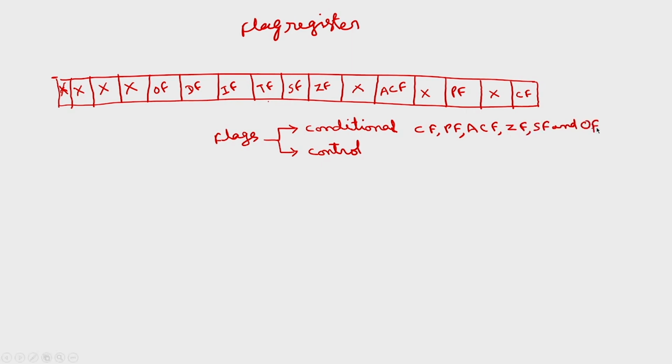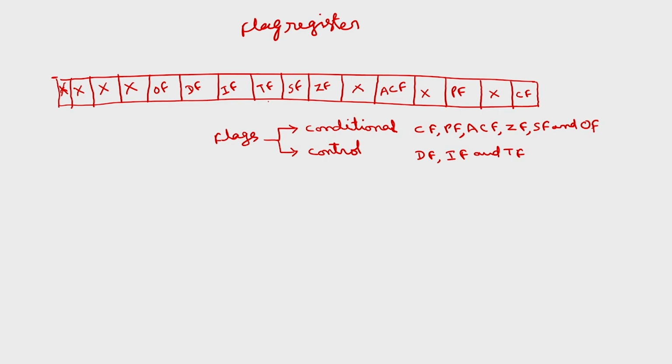The remaining 3, the direction flag, interrupt enable flag and trap flag, are called control flags. As the name implies, under some conditions only will the conditional flags be set or reset, whereas the control flags have to be programmed by the user, the programmer.